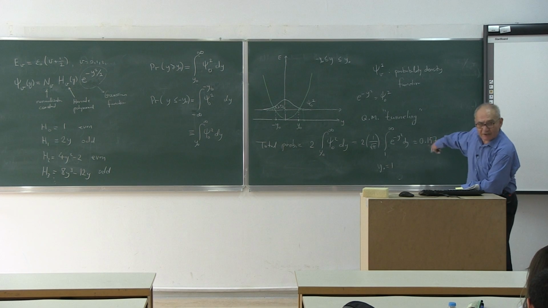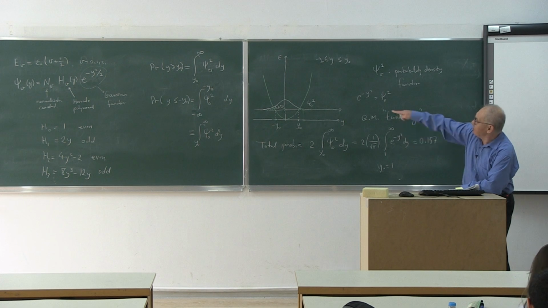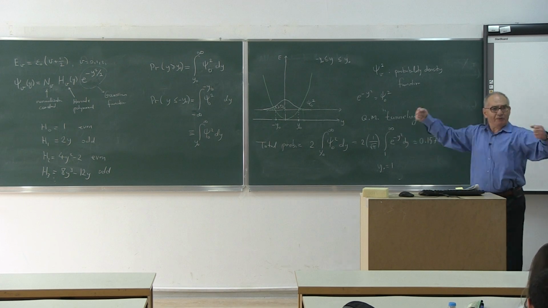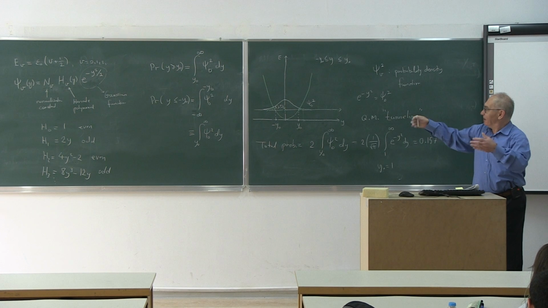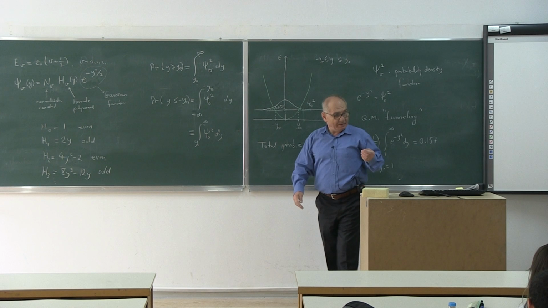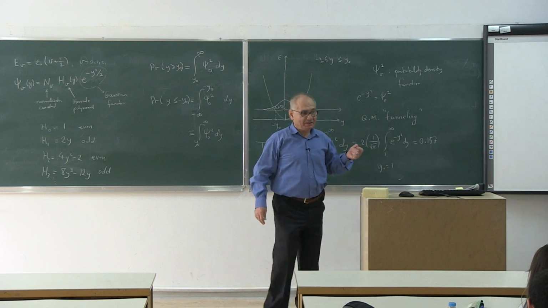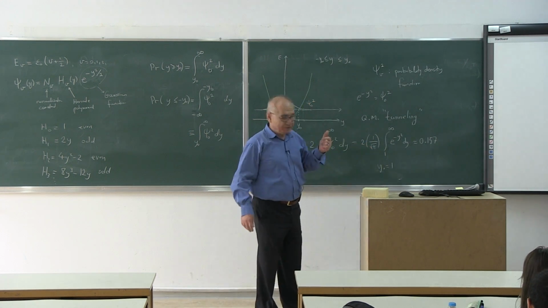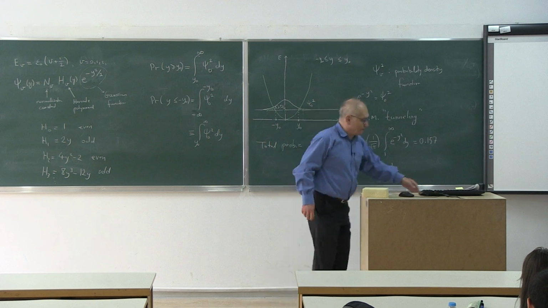Converted into percentage, multiply with 100, 15.7%. There is a 15.7% probability that the particle will go out of the classically limited region, which is a large probability, isn't it? 15.7% for the lowest level.